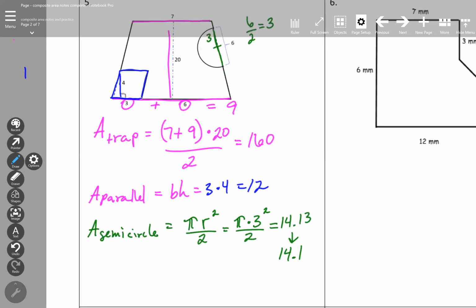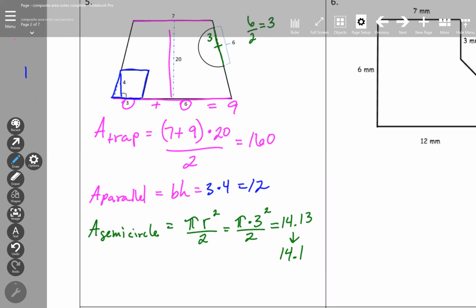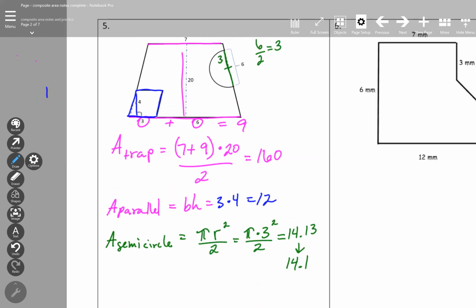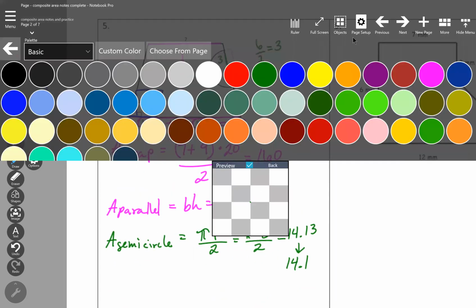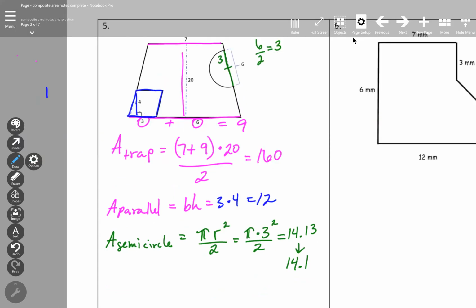Okay, and then now to find the area that we want. Okay, remember, this is the area that we want. See, we're tracing the trapezoid, but we're going around the parallelogram and the semicircle. Okay.